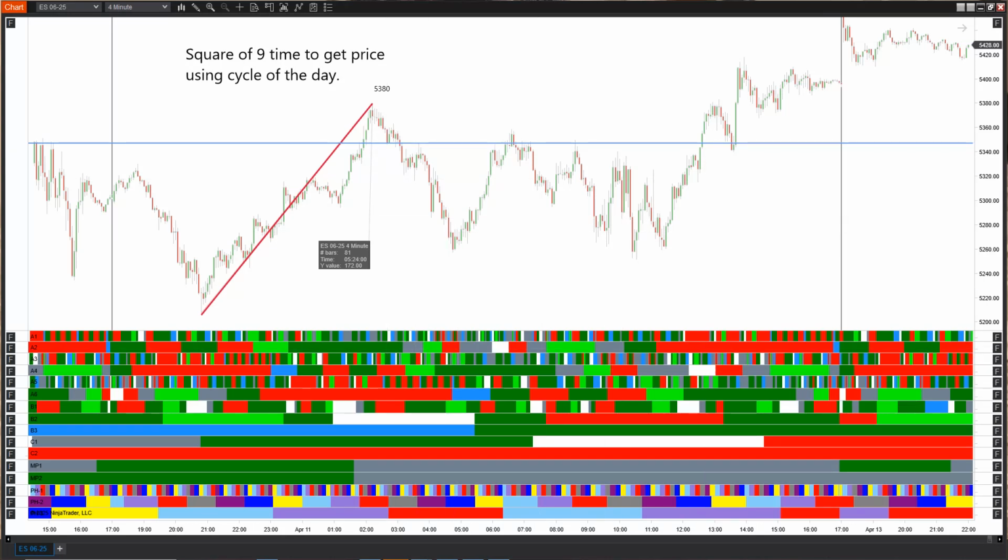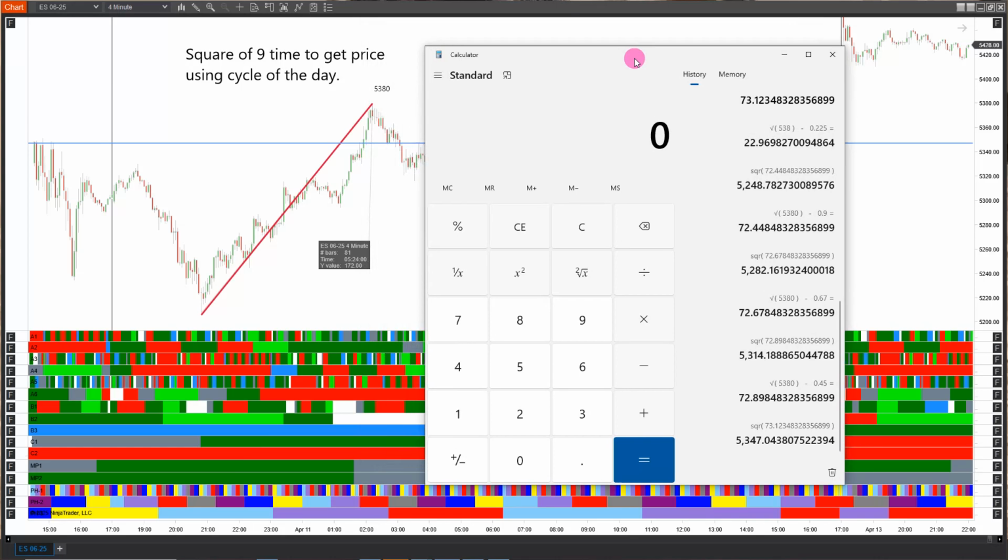So now what I'm going to do is simply use the octave principle and just double my multiplier here, and then I'm going to use each harmonic of that. So I'm going to take the 0.225 and add that to itself to get 0.45. Then 0.45 plus 0.225 gives me 0.675.